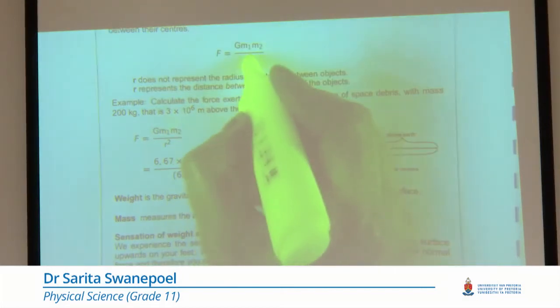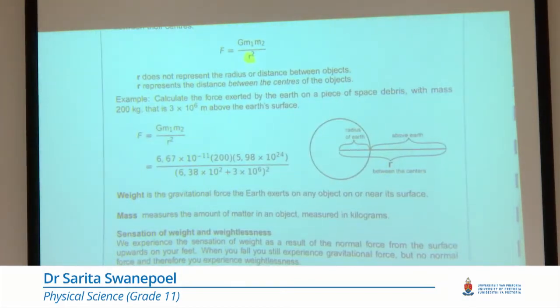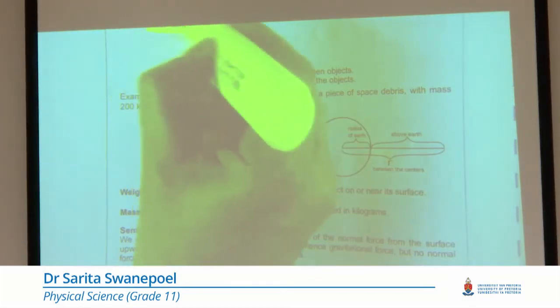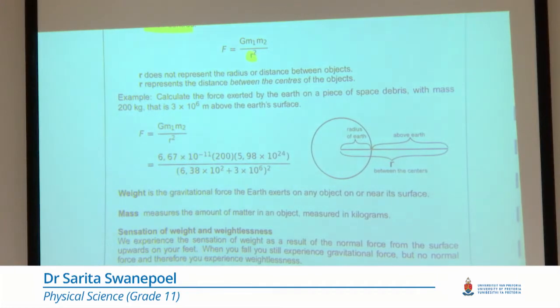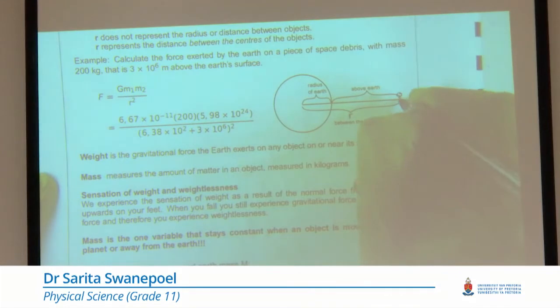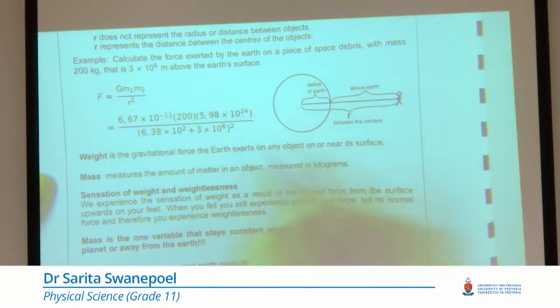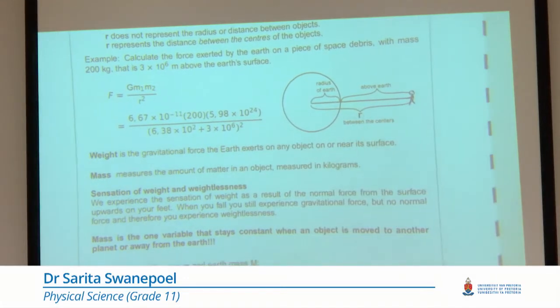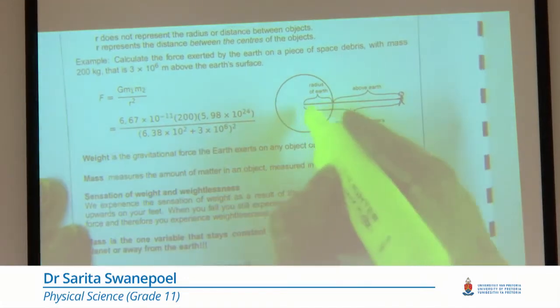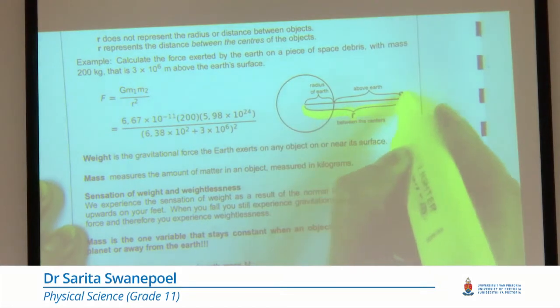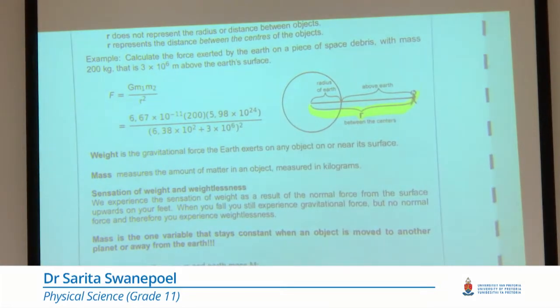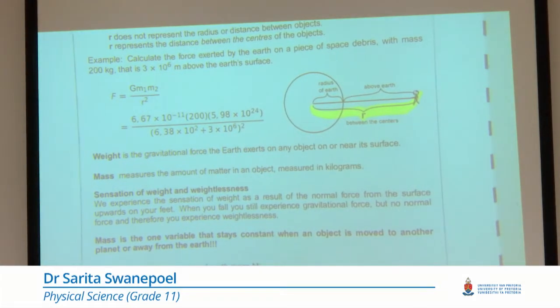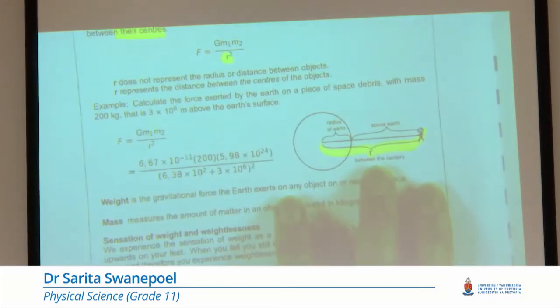That R, right? It's between their centers. So if you are somewhere and you've got the Earth somewhere, what do you have to put into R? R is the distance between the centers. So you have to put in that whole distance to the center.